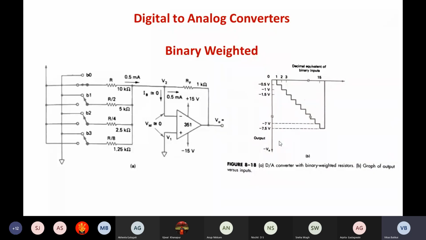Figure A is known as the binary weighted D to A converter, or D to A converter with binary weighted resistors. Why we call it binary weighted resistor, we'll come to know as we proceed with the operation of this converter.